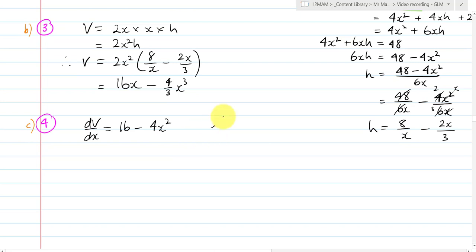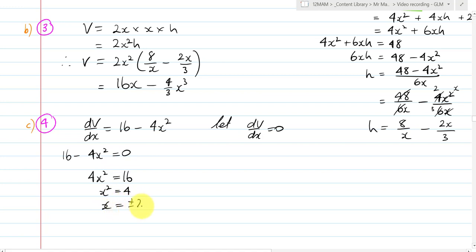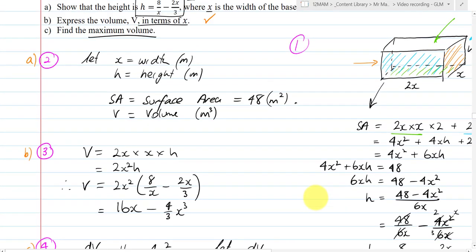And I want to let dV/dx equal 0, and so I get 16 minus 4x squared equals 0, which gives me 4x squared equals 16, x squared equals 4, x equals plus or minus 2, but it is a surface area type question, so it can't be negative 2, so I'm going to take 2 meters.